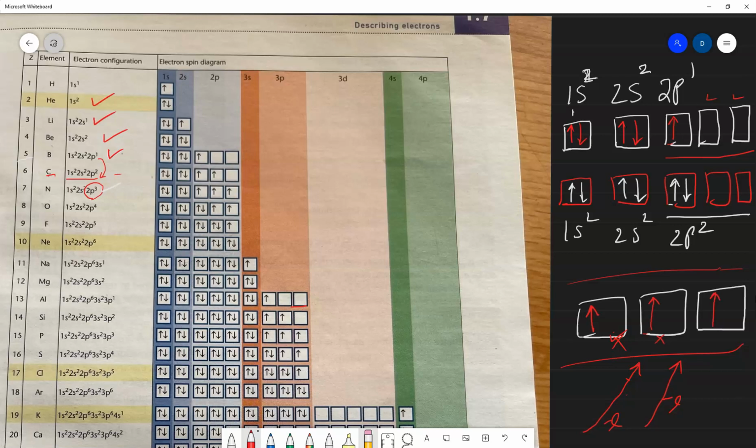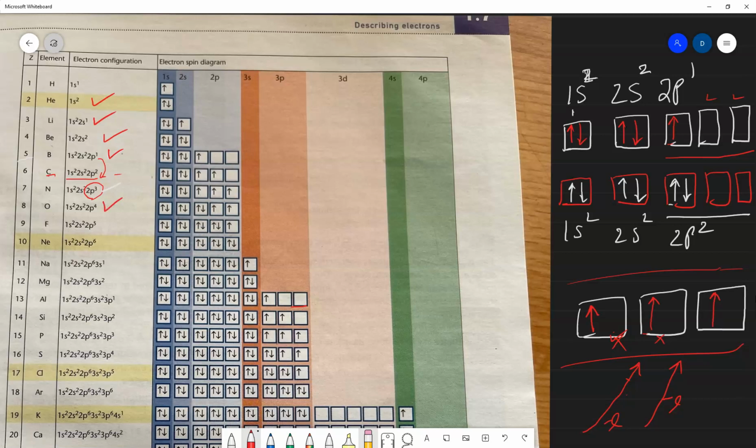Now this repeats. So there is a general rule: each electron will occupy a separate orbital, a different orbital. Now when there is no empty orbital, they go and join with an existing one.